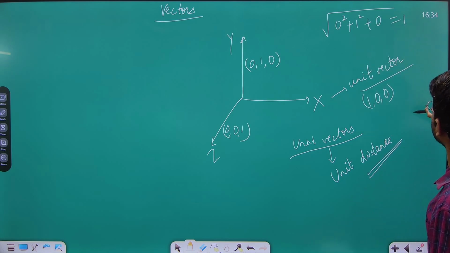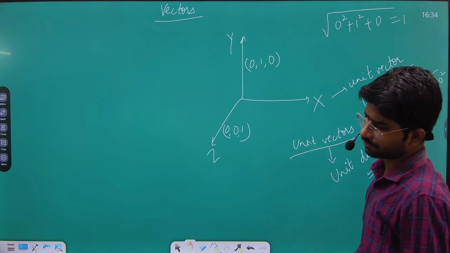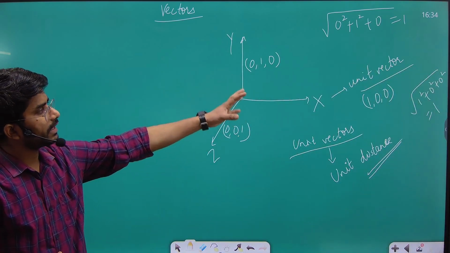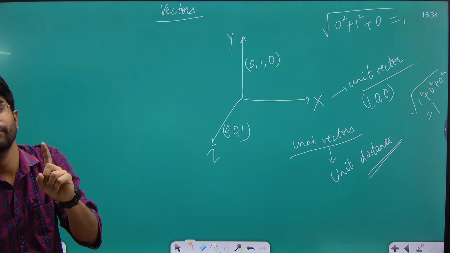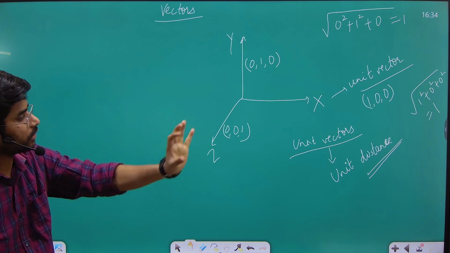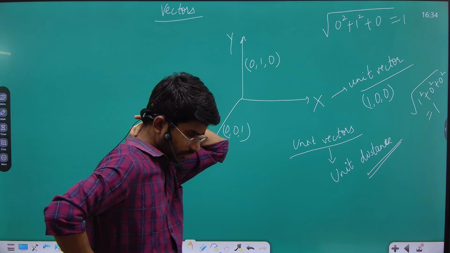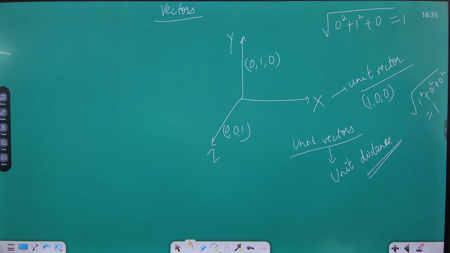Similarly for this you can write 1 square plus 0 square plus 0 square, that would be equal to 1. And similarly for z. So in a 3D space, any vector would be a linear combination of all these three vectors. You had already talked about this in your school classes.